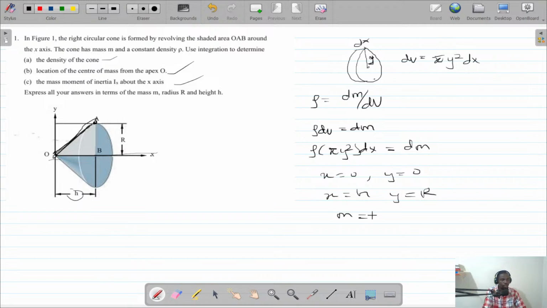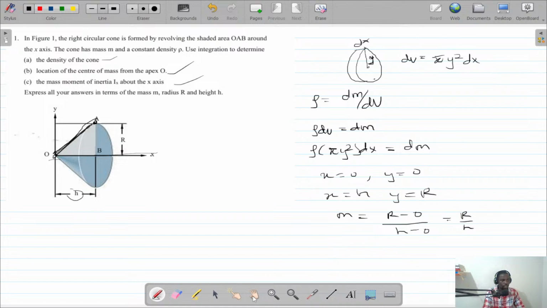So m will be equal to change in y over change in x. That would be r minus 0 all over h minus 0. So our gradient m is equal to r on h.